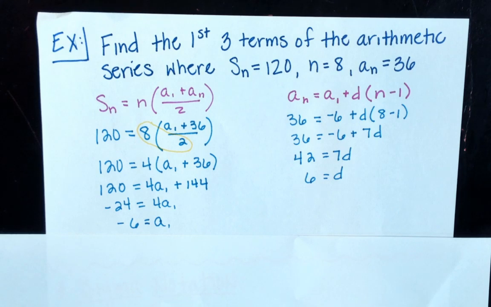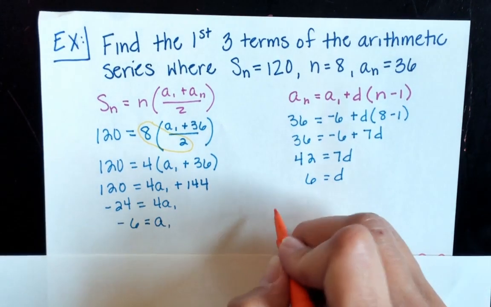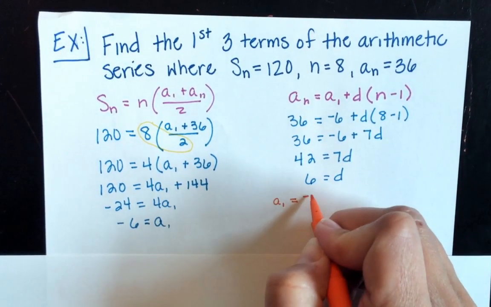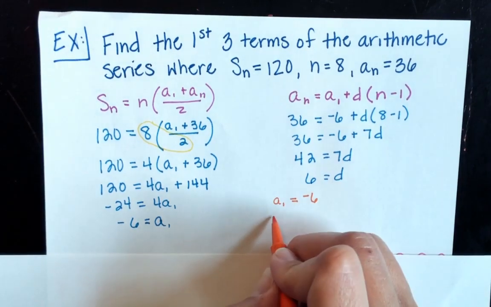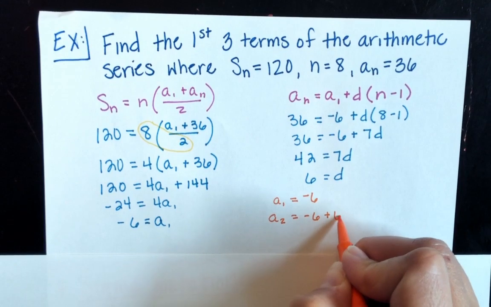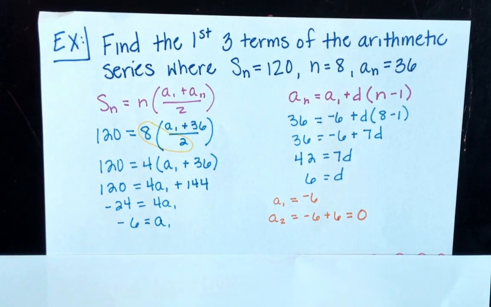So if we want the first 3 terms, our A sub 1 we already knew was -6. A sub 2 was going to be our -6 plus that common difference, which was 6. So now we know it's 0.